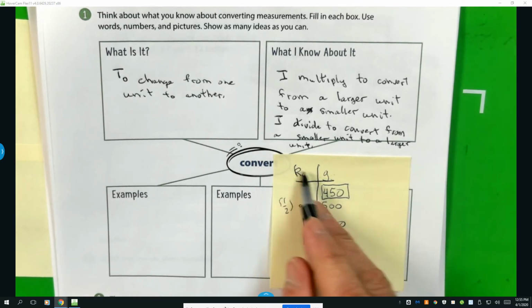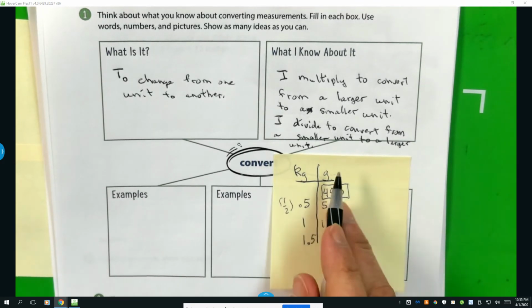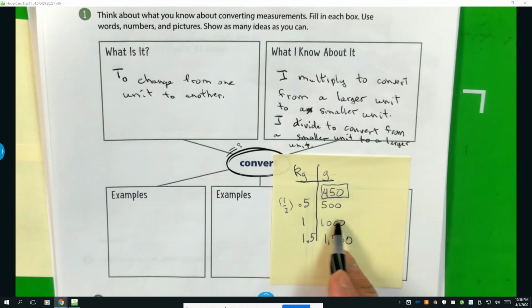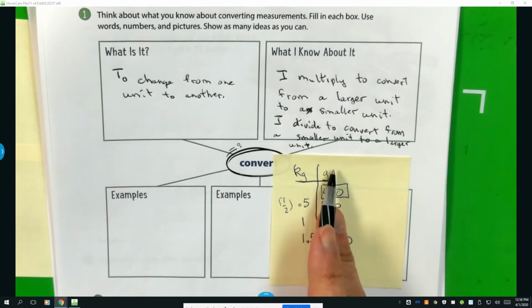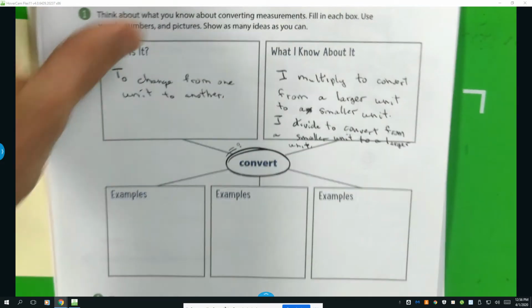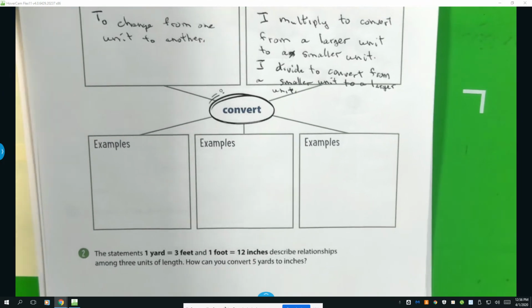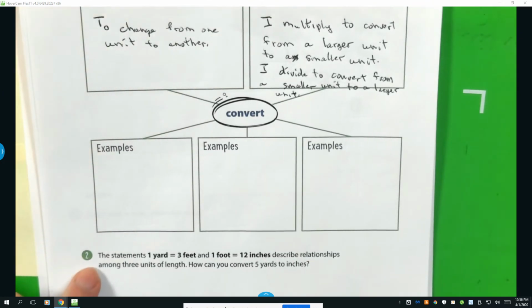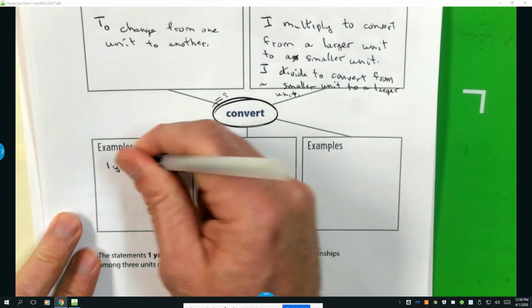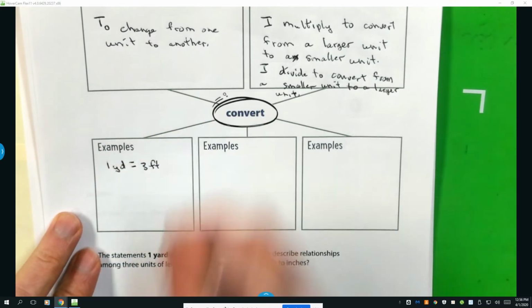Okay, so that's what I mean by unit. It's this number up here, the kilograms to grams, the grams to kilograms. We aren't talking about the number being the unit. We're talking about whatever the measurement is, the conversion. Okay, so some examples of things I know. I know 1 yard equals 3 feet.